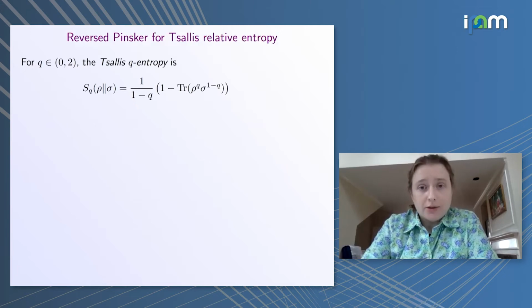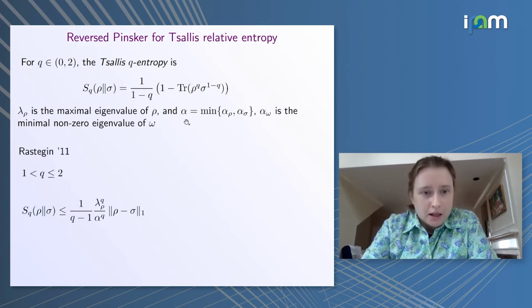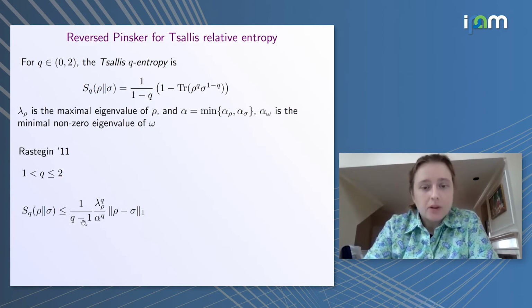Now for Tsallis relative entropy, there's also been some work on the reverse Pinsker inequality. If we denote lambda as the maximum eigenvalue and alpha as the minimum, here's what was shown in 2011. It's upper bounded by 1 over q minus 1 times the maximum eigenvalue of rho divided by the minimum eigenvalue of both of the states.